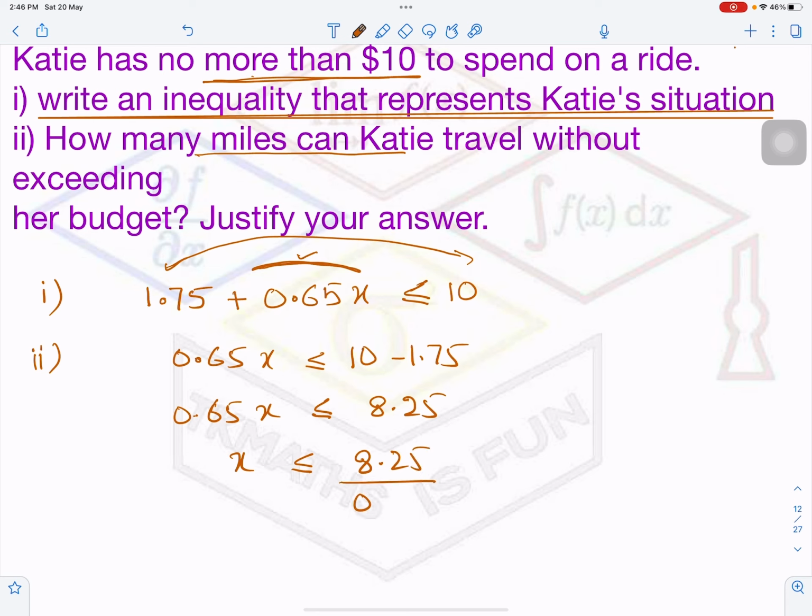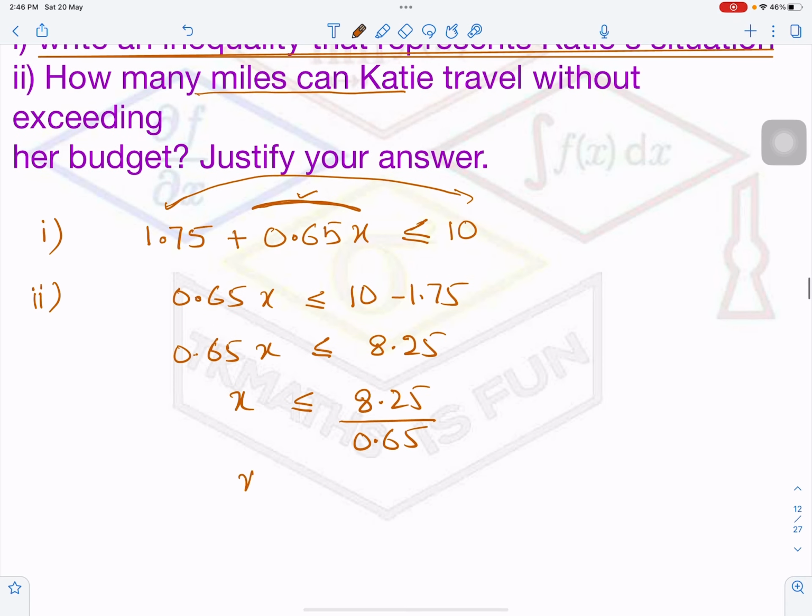I will use a calculator at the moment. You will be given numbers which you can solve without a calculator. So it is coming that she has to go less than 12.69 miles, right?